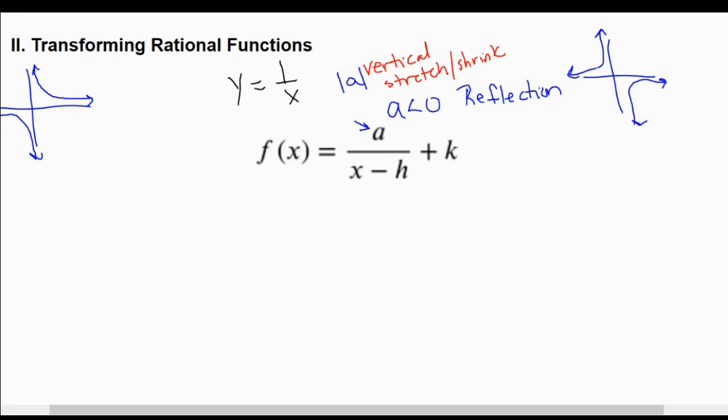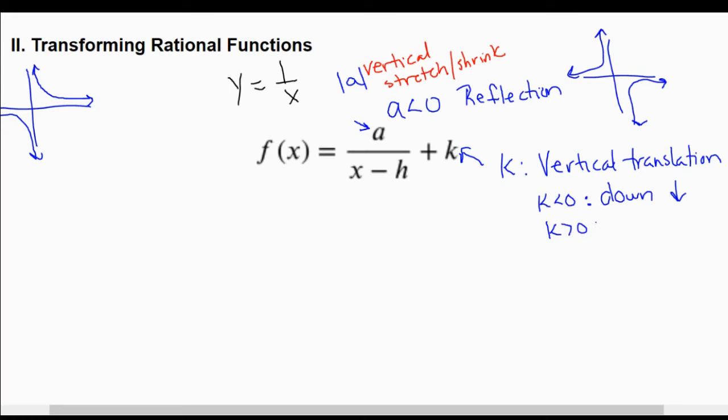Let's talk about k. I am controlling vertical translation. All right. And just like before, if my k value is less than 0, then I'm going to move down. And if my k is greater than 0 or positive, then I'm going to move up. All right. That's the job of k. And lastly, we have h.